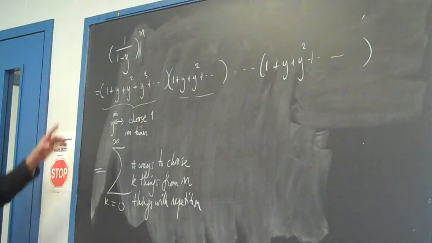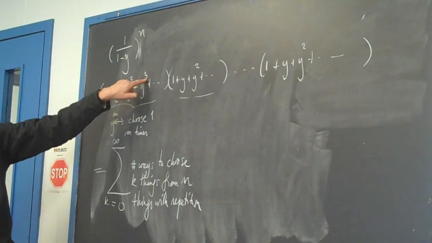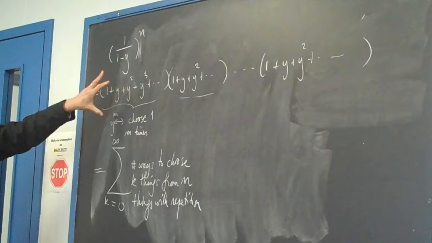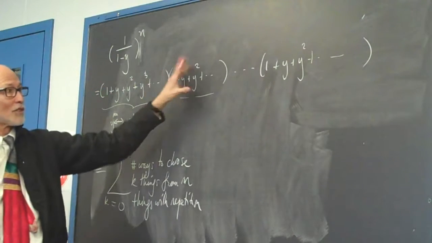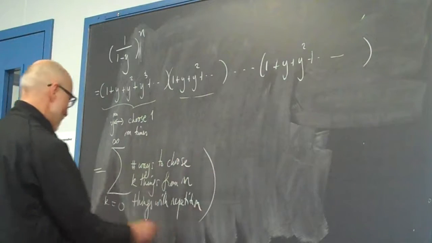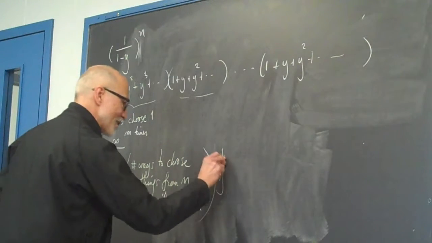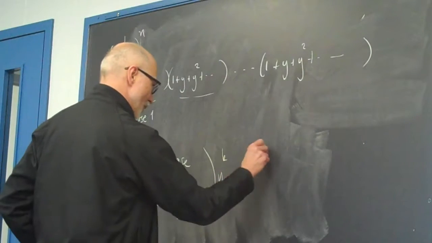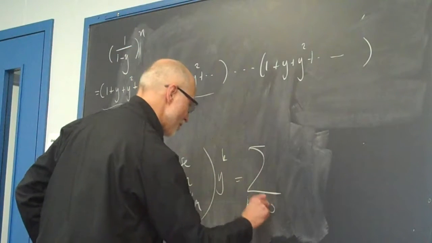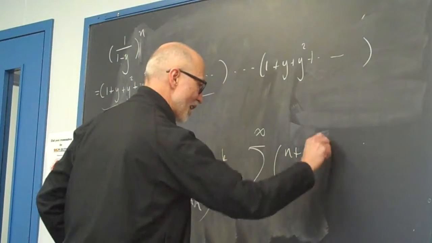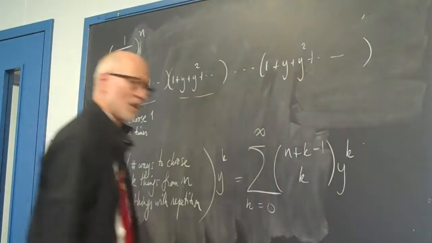With repetition, because the exponent here says, oh, I picked 1 three times. Of course, now I only have k minus 3 things to distribute across here, but that's okay. And then it'll be this times y to the k. But of course, this is equal to the summation k equals 0 to infinity of n plus k minus 1 choose k, y to the k.